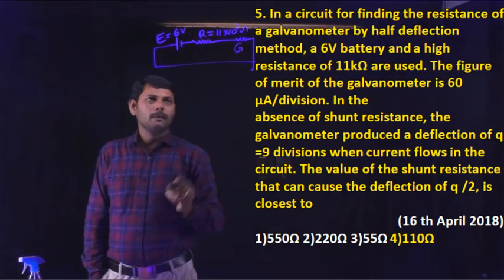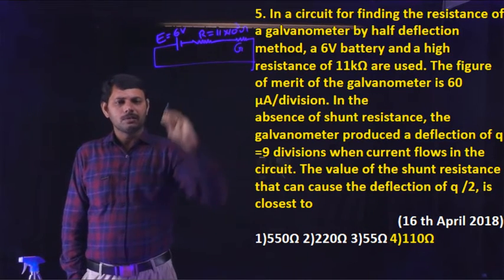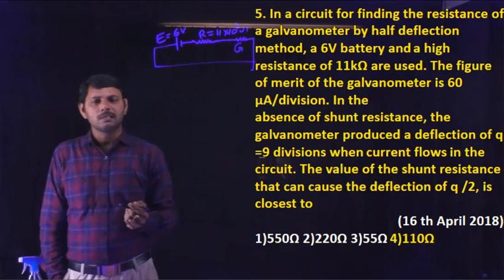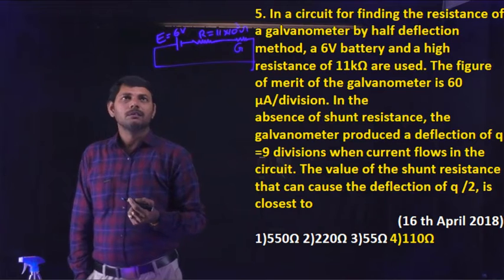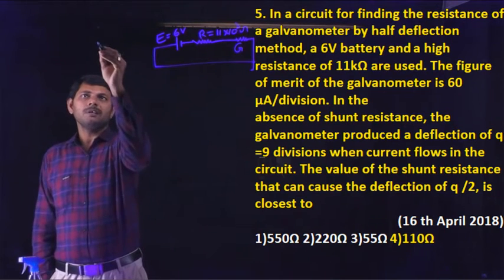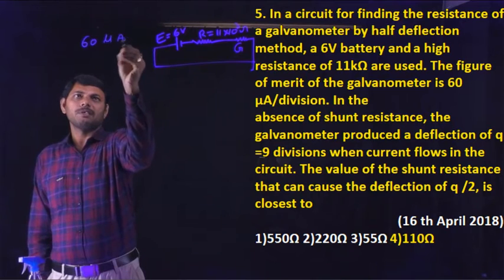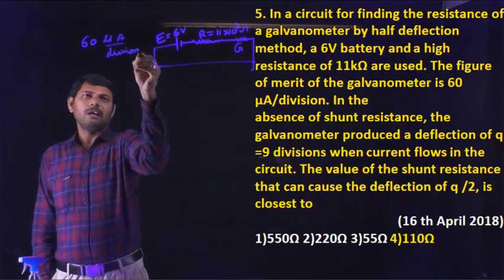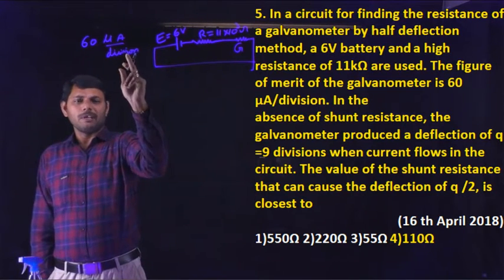Now, first of all, to find the galvanometer resistance, the data is given. The figure of merit of the galvanometer is 60 microampere per division. So the galvanometer shows 60 microampere for each division.